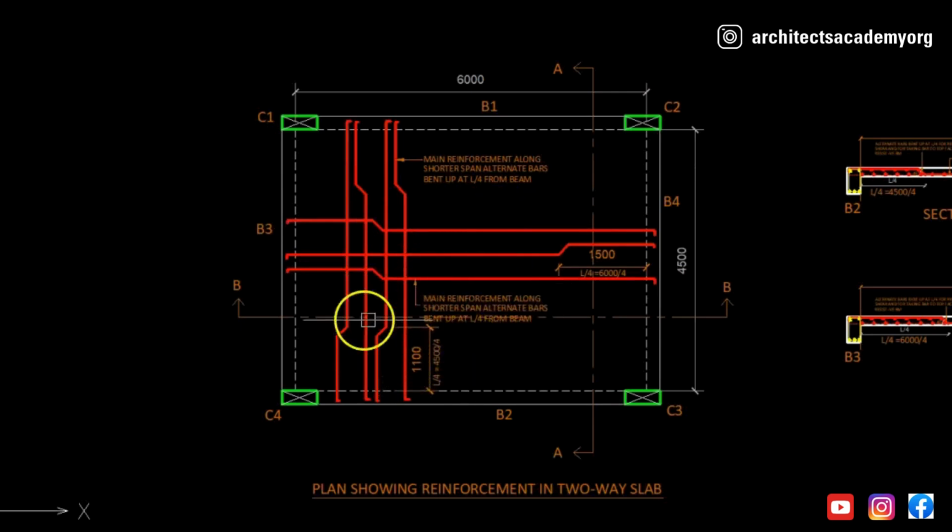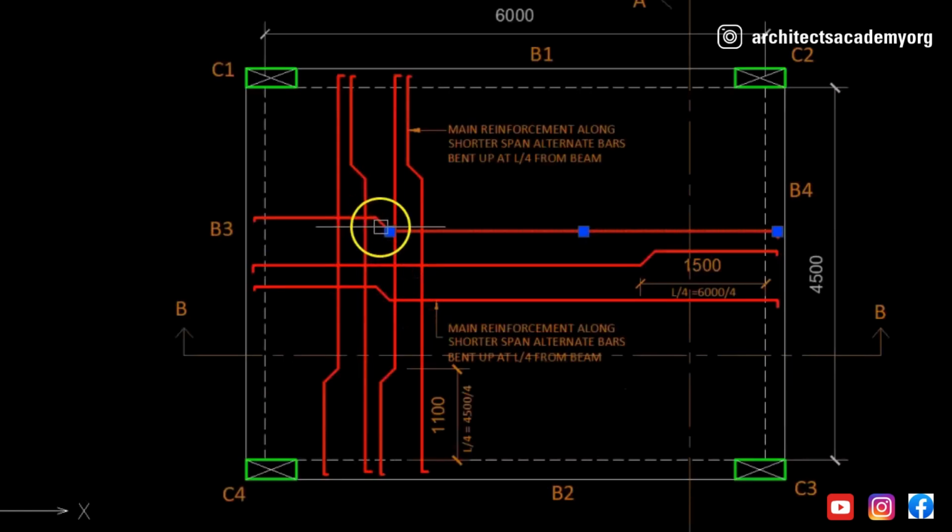So what you are seeing here is the reinforcement inside the slab. The bar which I am now highlighting here, the red colored reinforcement bar, this bar is the main reinforcement inside the slab. As you can see, this bar is bent up after a certain distance.